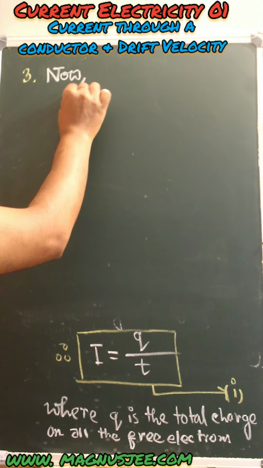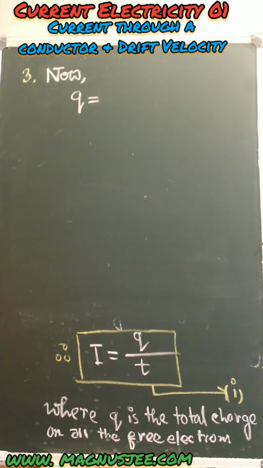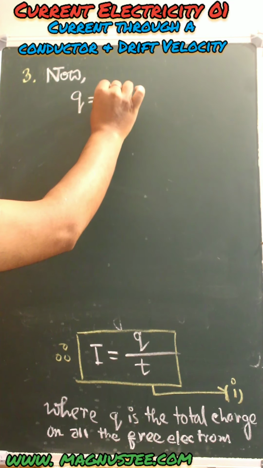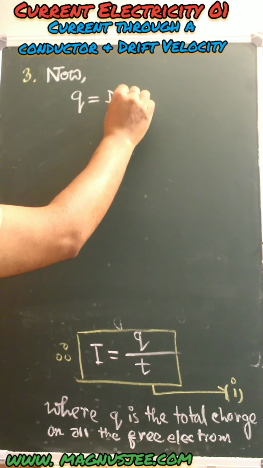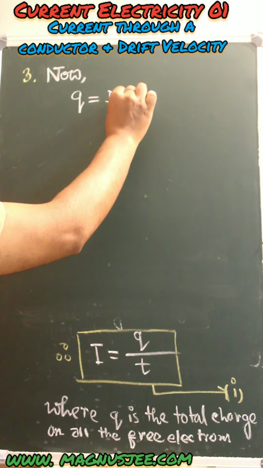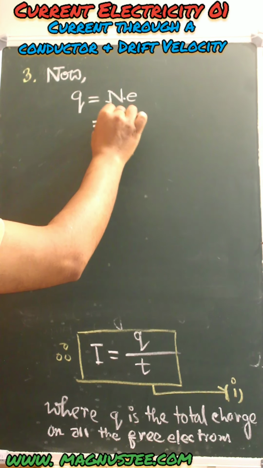Now, the total charge Q can be expressed in terms of the charge of an electron. Q equals capital N dot e, where N is the total number of free electrons and e is the charge of an electron.